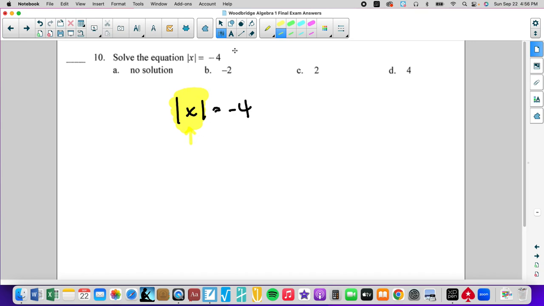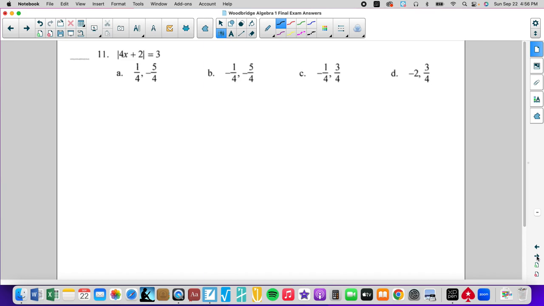Distance is always going to be positive. So this is always going to be a positive value, no matter what you plug in for x. So we know that a positive value will never equal a negative value, so my answer is no solution. Good concept. You should know absolute values, and here's more absolute values.